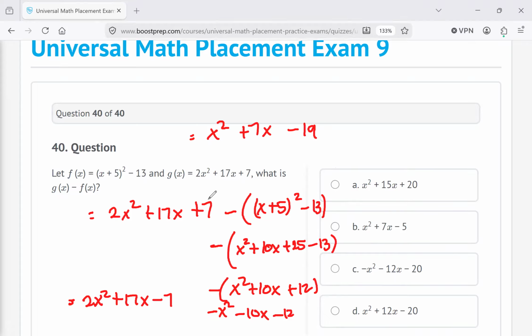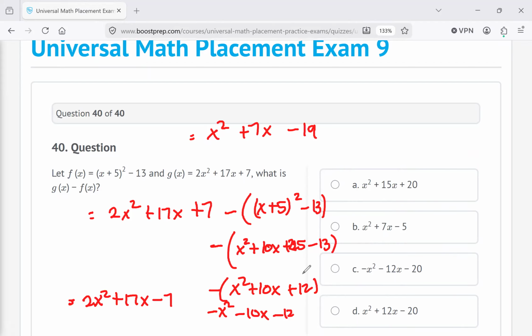Wait, did I do something wrong? It would be 2x squared. Oh, 25 minus 13 is 12. Yeah. 2x squared minus 1x squared, and then 17 minus 10 is 7x.